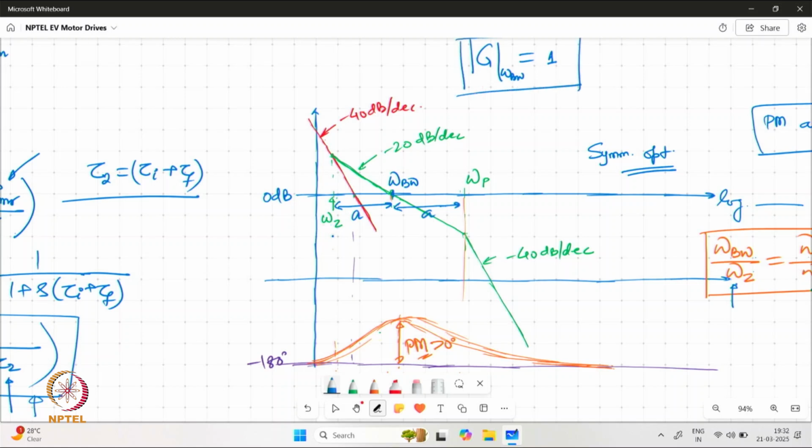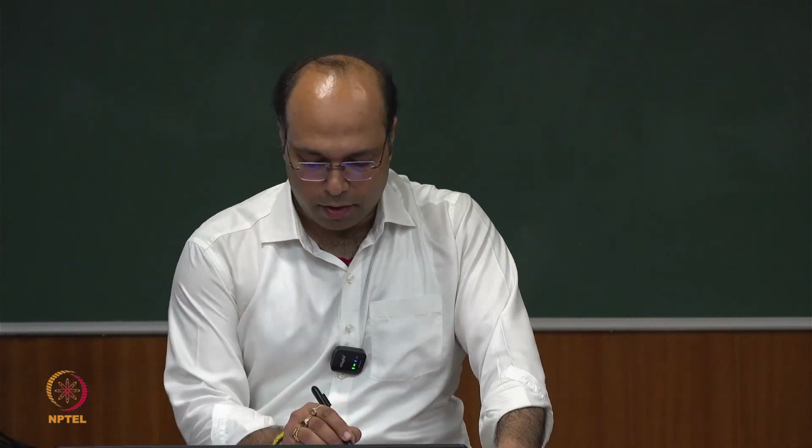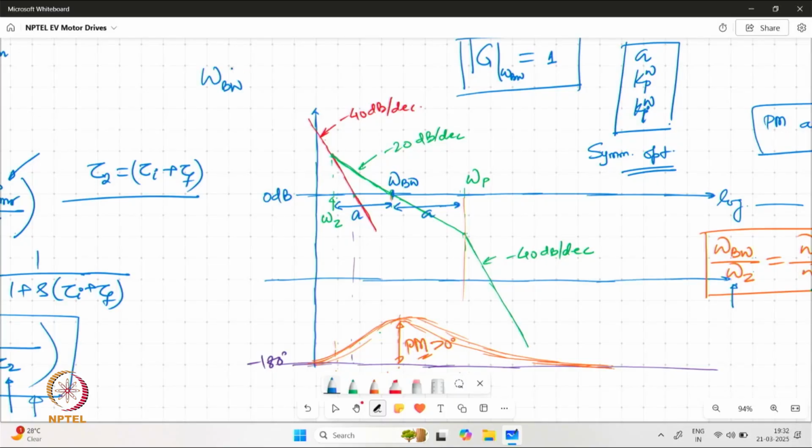With these three conditions, we'll be able to solve for the three unknown variables: A, Kp omega and Ki omega. During this process, once again, to emphasize, we need to ensure that the bandwidth achieved for the speed control loop should be 1/10 of the flux control loop.